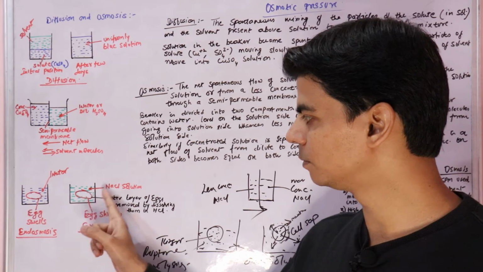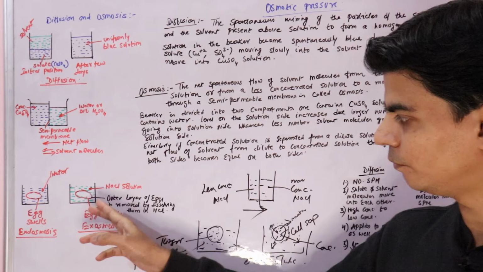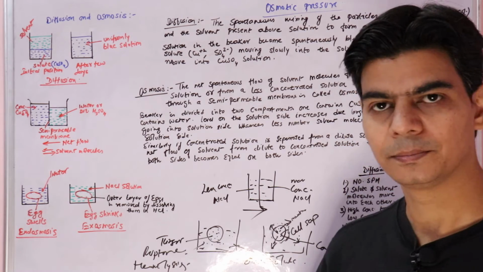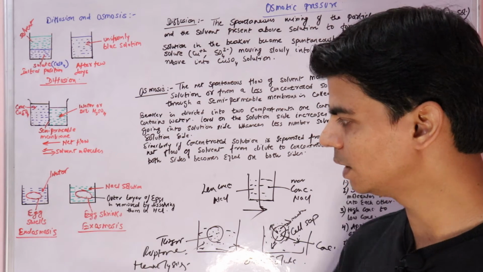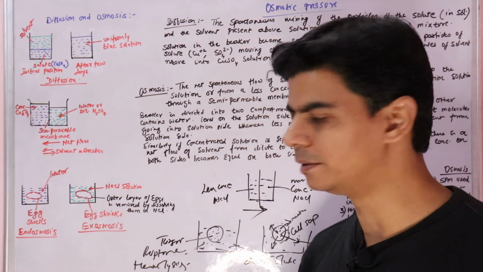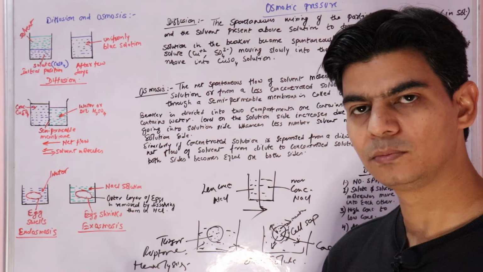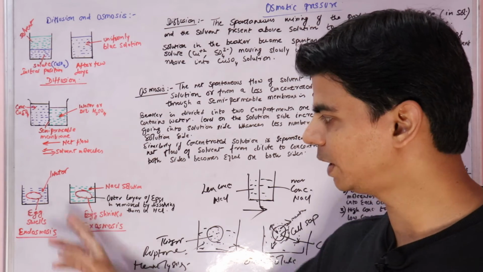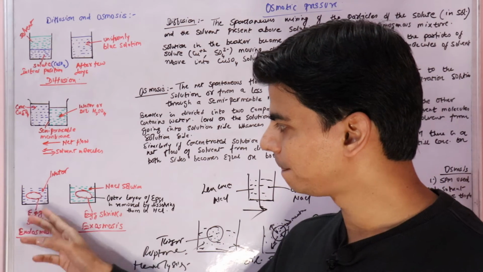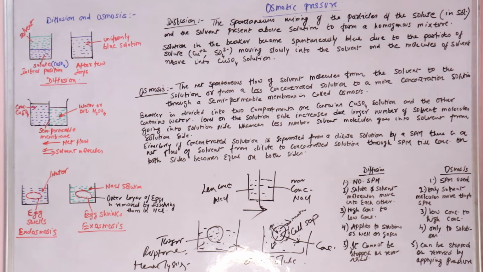Exoosmosis is when the semi-permeable membrane allows the movement of solvent molecules outside the egg, and endoosmosis is when the semi-permeable membrane allows the movement of solvent inside the egg, right? So this is exoosmosis and endoosmosis.